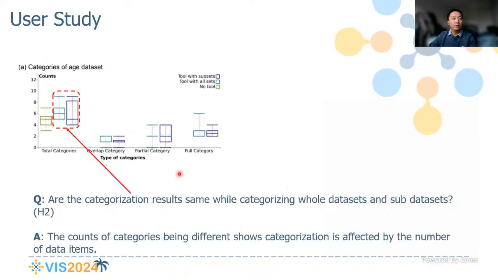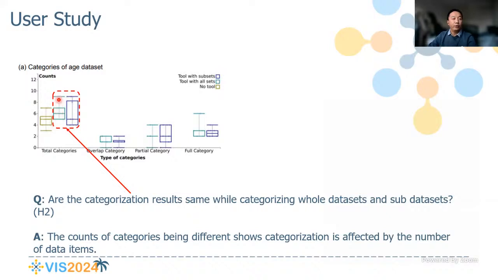Here is one of the results. To verify hypothesis 2, we raised a question: are the categorization results the same while categorizing the whole dataset and the sub-datasets? We want to know if the number of data items could affect the categorization results. Let's look at these two boxes.